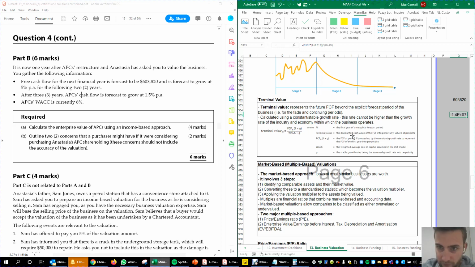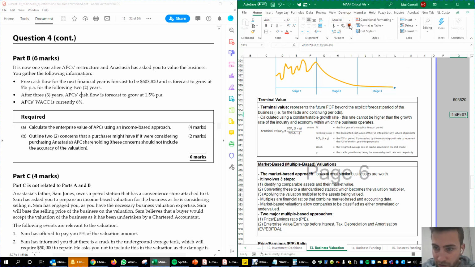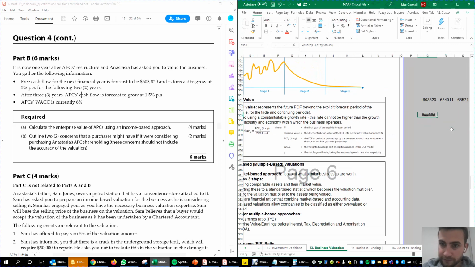Just want to make sure I've put that in the right number format in the calculator, because when you're dealing with percentages and numbers. So let me just have a quick look. So it's the 65712 times the 1.015.